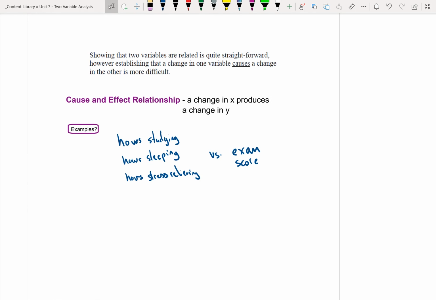You could also look at something, say for example, increasing drop height versus impact velocity. So the higher I drop something, the greater the velocity on impact should be. Right? So there's a change in X produces a change in Y.